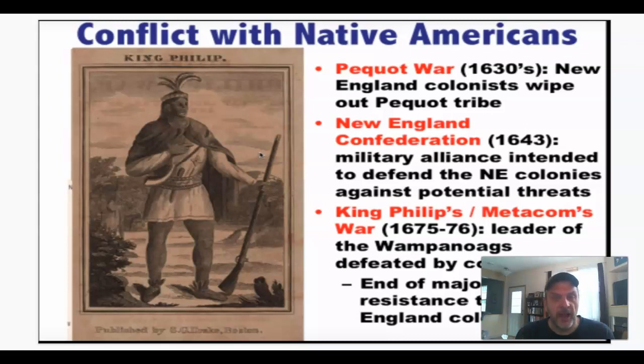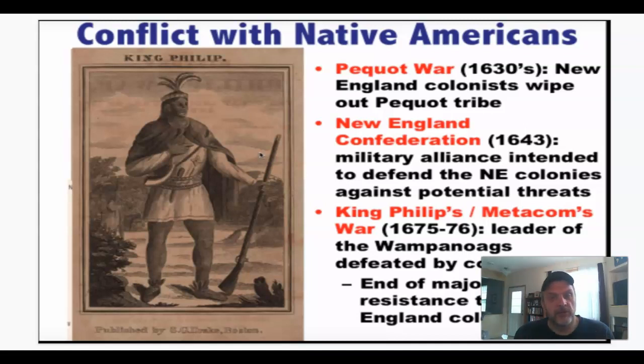While that was going on, you also had a series of wars known as the Pequot Wars that were going on in New England, off and on for the better part of the decade of the 1630s and part of the 1640s. All in all, the New England colonists were able to wipe out the Pequot tribe in New England.